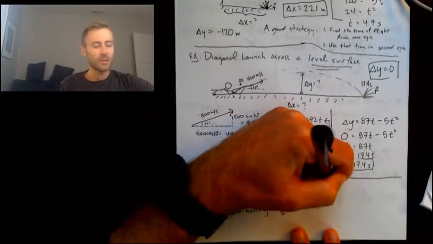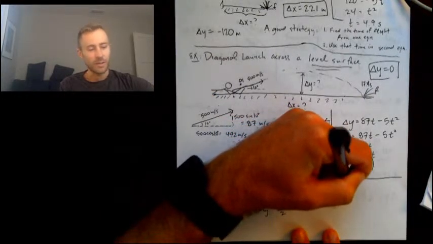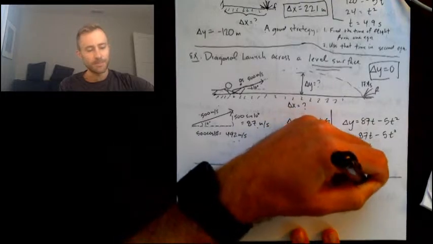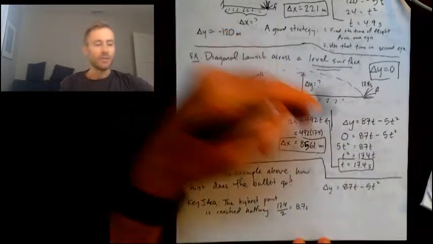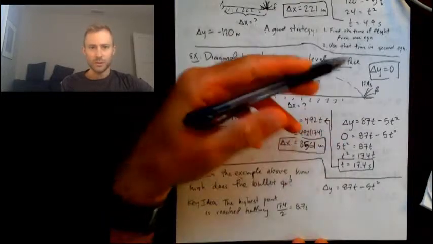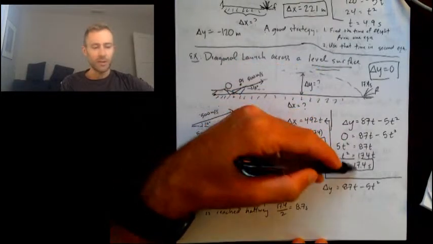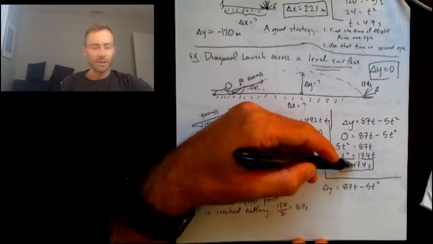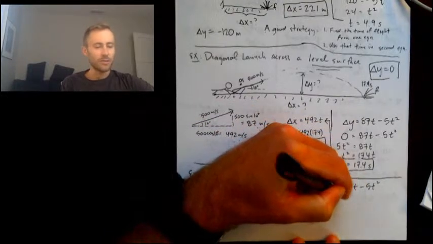So I'm going to take my delta y equation and reuse it. Okay? This equation is true throughout the motion. So I can reuse this equation. But I'm not going to plug in 17.4 seconds. I'm going to plug in 8.7 seconds.